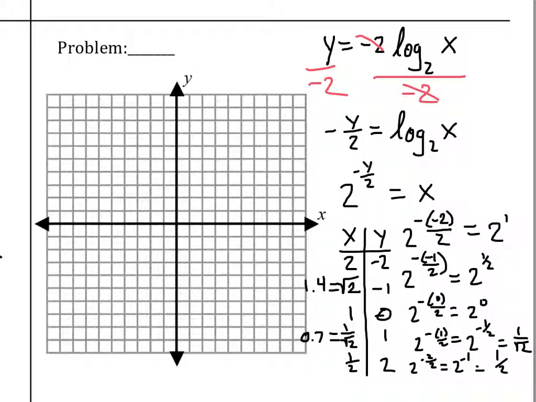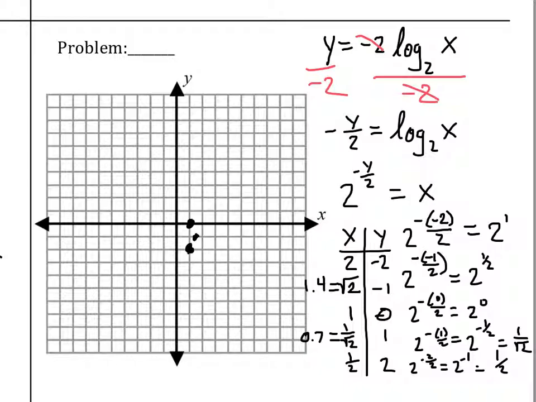And so I can go to 2, negative 2. 1.4, negative 1 is roughly in there somewhere. 1, 0. Whoops, I graphed something wrong here, didn't I? What did I do? Because 1, 0 is here.